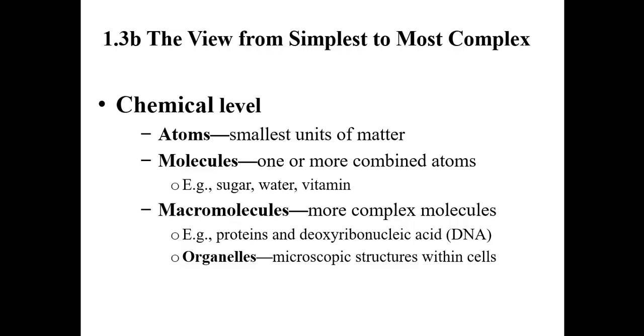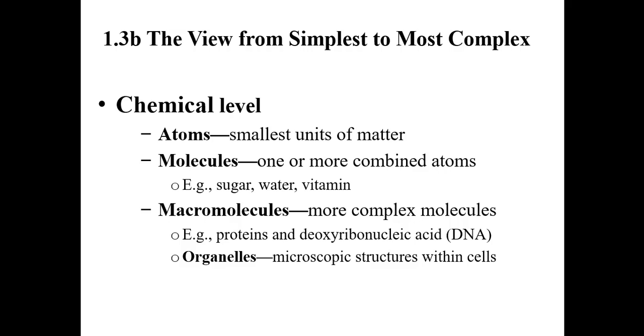And then if I put those together in a more complex way, I get things like the DNA and the different organelles within the cells. So this is all about becoming more and more complex. But again, we're putting things together in a specific, unique way. That's an important theme. Next slide.